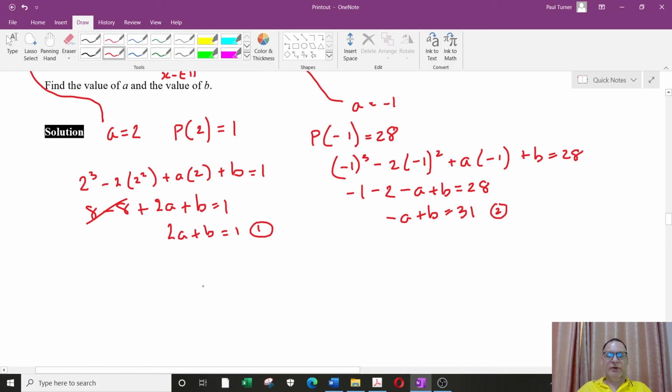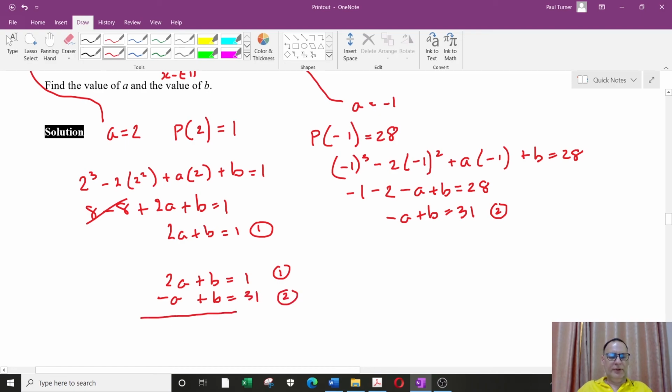Okay, so we've got two equations and they look like simultaneous equations, which you learn in grade 9. Let's write them down. 2a plus b equals 1, minus a plus b equals 31, equation 2.